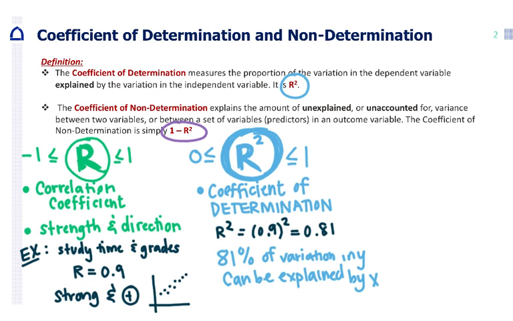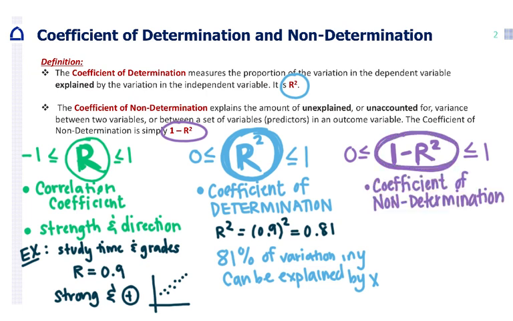There's one more measurement, and we call it 1 minus r squared. Basically you take the r squared that you already found and you subtract it from 1. So again, this is going to be a number between 1 and 0, and this is called the coefficient of non-determination. For our grades and study time example, 1 minus r squared would be 1 minus 0.81.